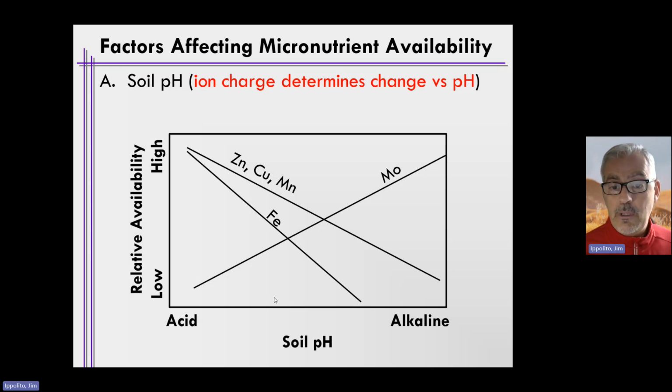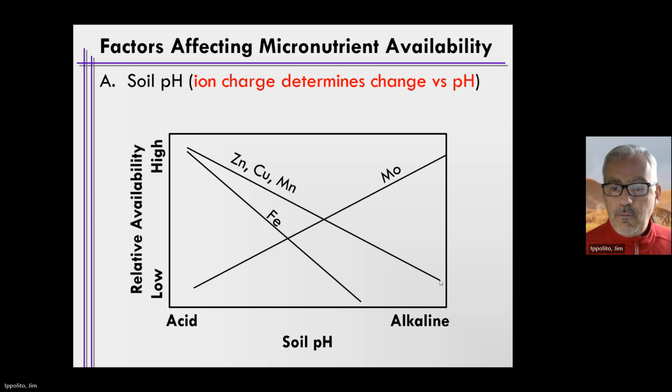Now, you'll note that the lines for iron versus zinc, copper, and manganese slope differently, because of the charge of these ions that we typically find in our soils. Zinc, copper, and manganese most often in our soils carry a +2 charge.